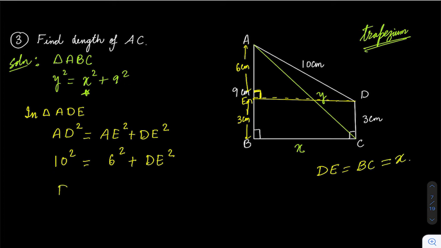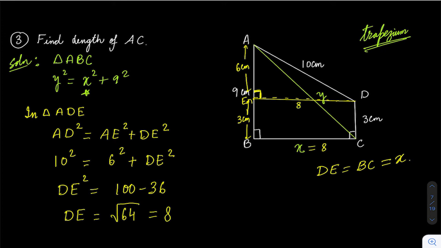So from this, I am getting my DE value as square root of 100 minus 36, which is square root of 64, which is 8. So now I have my X value, that is 8. This is also 8. So I can plug in my X value in the first equation that we got, y square equal to x square plus 9 square, so I will get my y value, that is my AC.